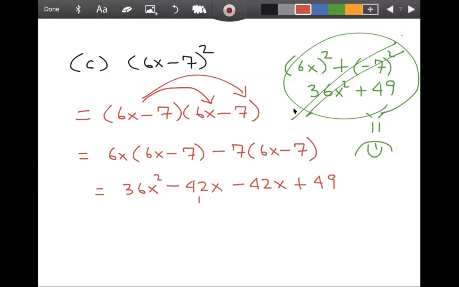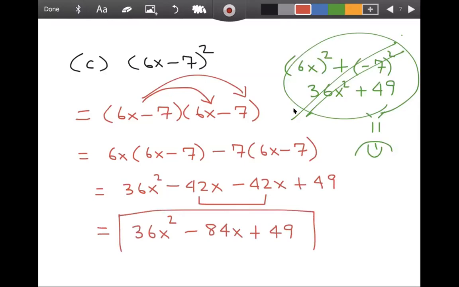Notice that these two terms are exactly the same. We'll be talking about that more in the next section. In the meantime, negative 42x minus 42x gives you minus 84x. And this is my final answer.